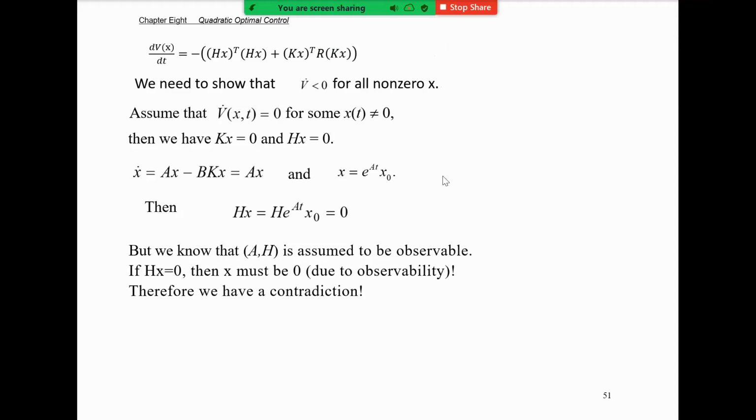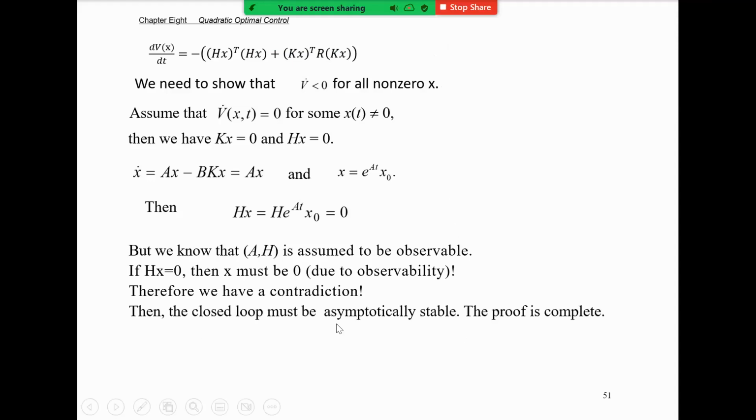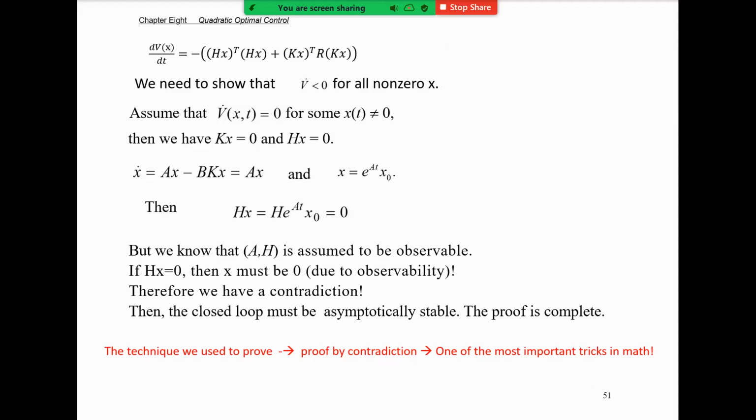So overall, we have shown that the closed loop must be asymptotically stable and the proof is complete. And the way we prove that is proof by contradiction. Okay, that is one of the most important tricks in mathematics.